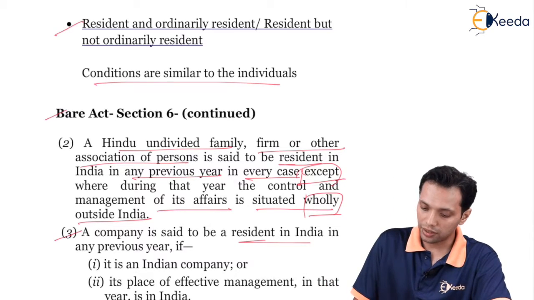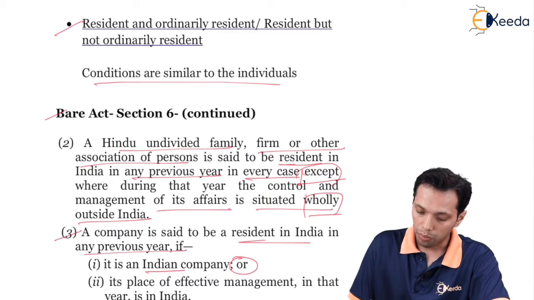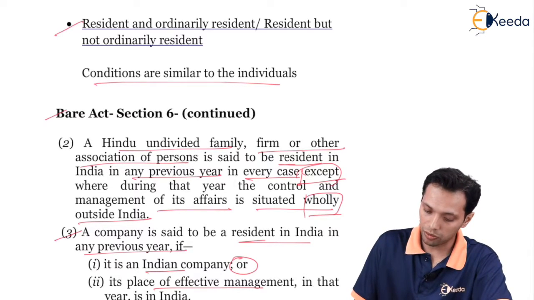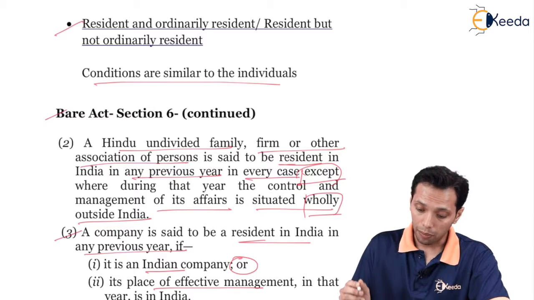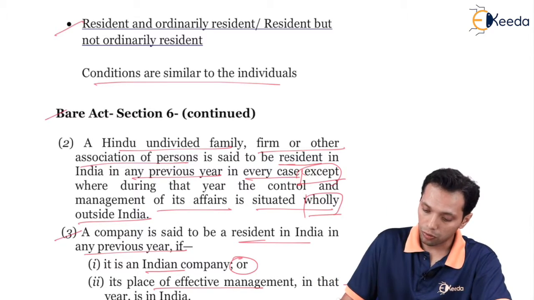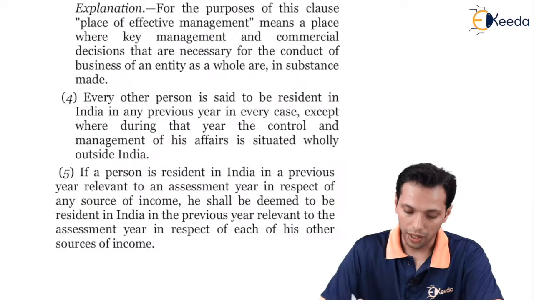So a company is said to be resident in India if in any previous year it's an Indian company or its POEM, place of effective management, in that year is in India. Place of effective management is relevant in case of a foreign company.